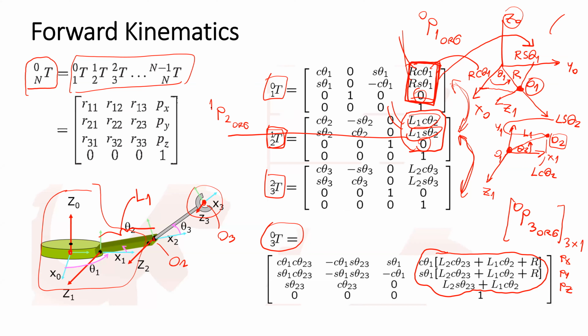You may consider it in the same way for frame 3 to check the P of frame T origin with respect to frame 2. How about for the big picture, for the total?